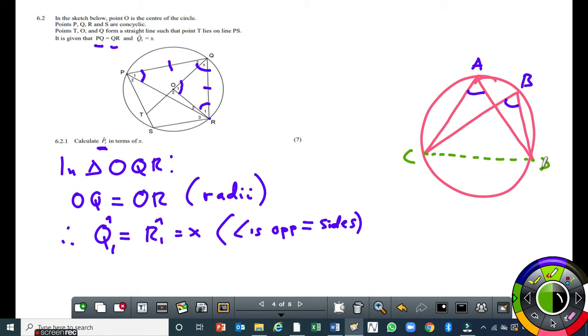So we say CD subtends angle A because for angle A to be formed, the two lines originate from a chord, and in this case it is CD. So also angle B can only be formed because of the chord CD. It is a chord that causes the formation of this angle at the circumference.